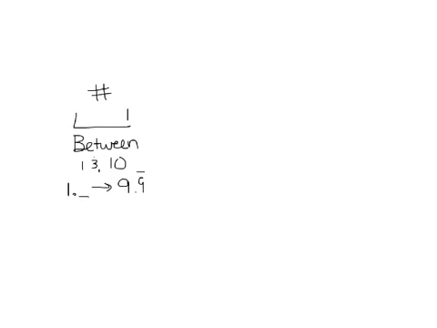Basically, it will always start off with a number. This number needs to be between 1 and 10. So it could be 1 point something all the way up to 9.9 repeating.